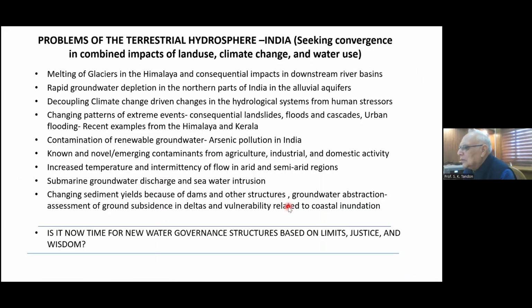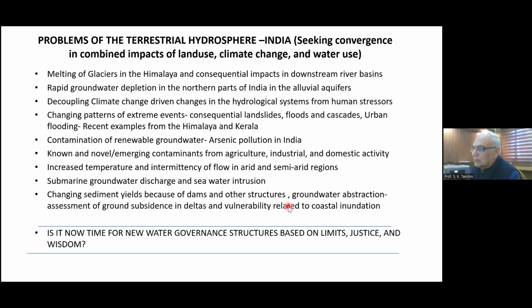So, there is a huge amount of problems in our country and elsewhere related to the terrestrial hydrosphere. It may come from the melting of glaciers. It may come from the rapid groundwater depletion, particularly in northern parts of India. We have to decouple climate change-driven changes in the hydrological systems from human stressors.